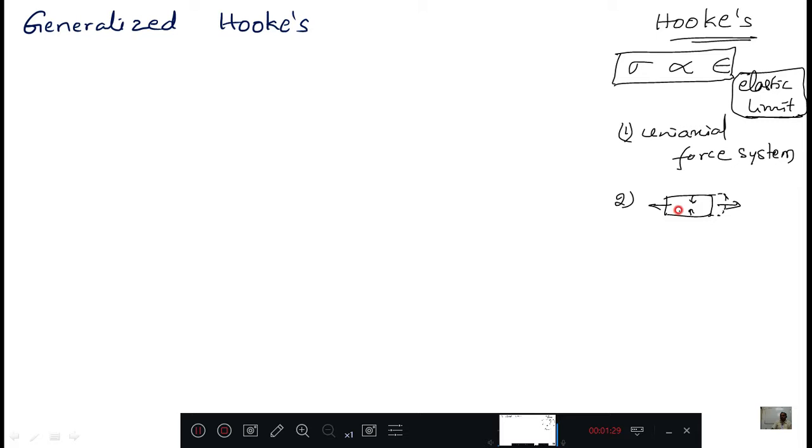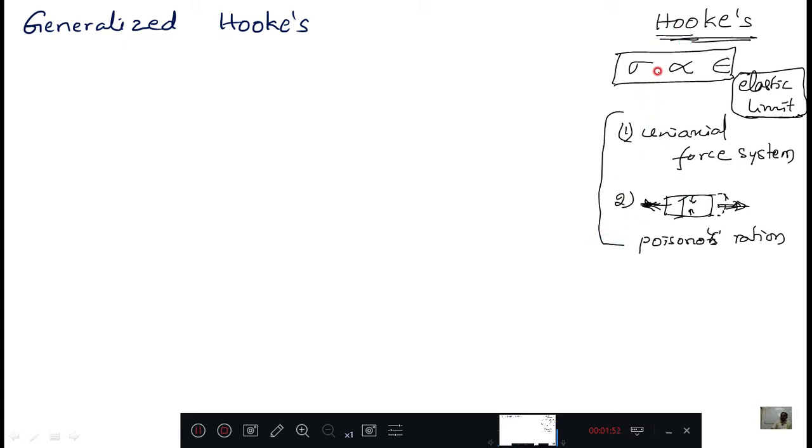When we stretch in this direction, obviously in a lateral direction there will be a decrease in the dimension, but Hooke ignored that. Means Hooke ignored Poisson's ratio.